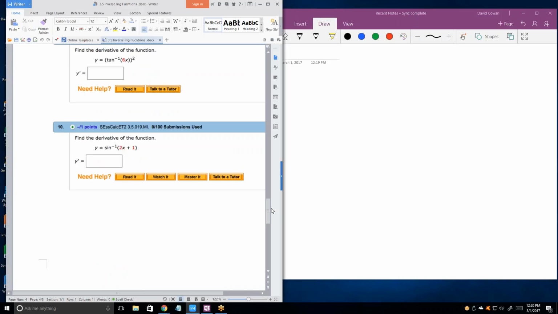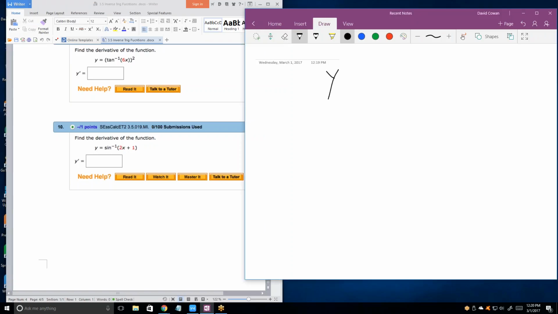Now, whenever you're applying the chain rule twice, I obviously can't let everything equal u, right? I'm going to let one thing be u and another unknown be v, just for understanding's sake. Okay?